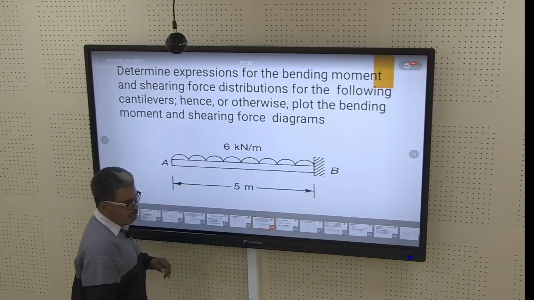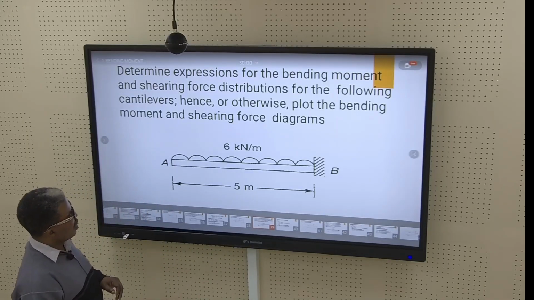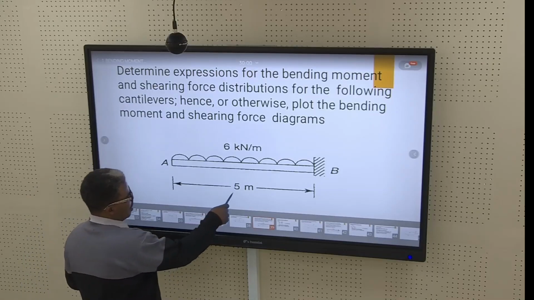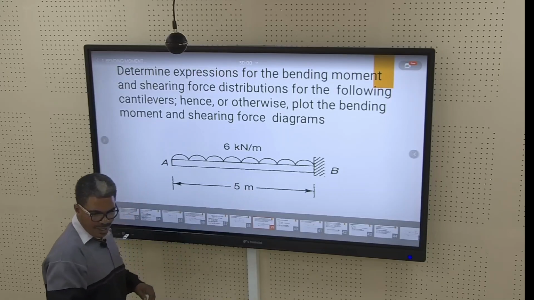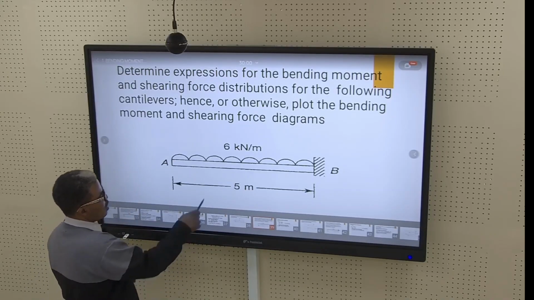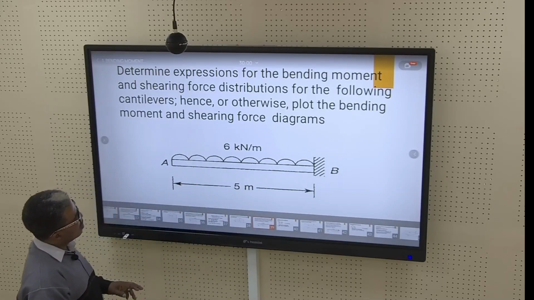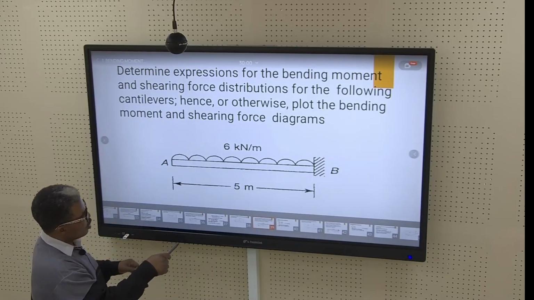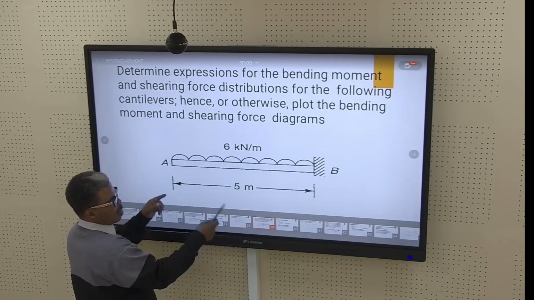It's 5 meters. So in expression, first of all, because this is simply equally distributed, we have to multiply by x in order to get the total load.